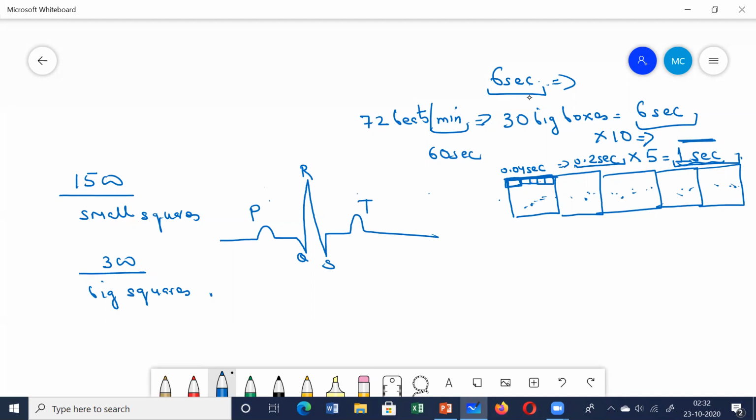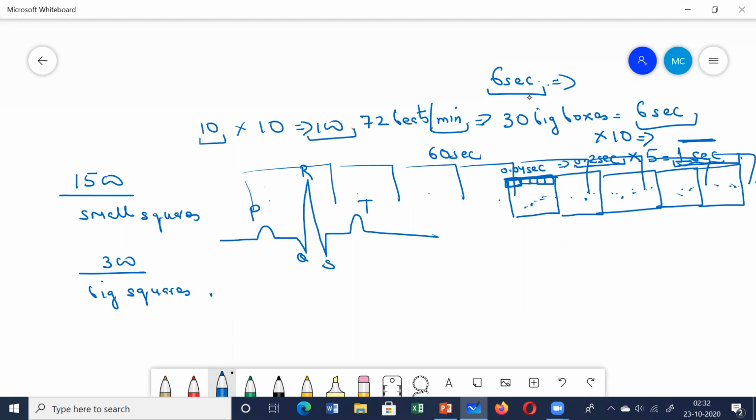So you find out how many QRS complexes are present in 30 big boxes. Suppose you find 10 QRS complexes in 30 big boxes, which means there are 10 QRS complexes in 6 seconds. To find the number of QRS complexes in 60 seconds, you multiply this number by 10, which gives you 100.